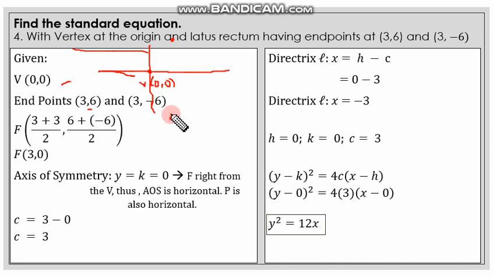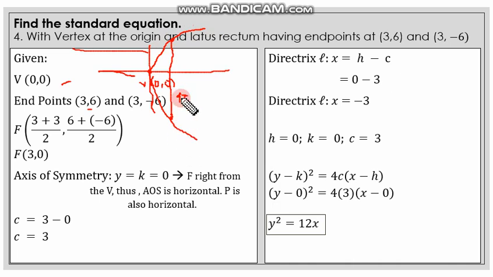So this is the latus rectum. Remember that our latus rectum is equal to 4C. So we're expecting that the parabola will be opening to the right.